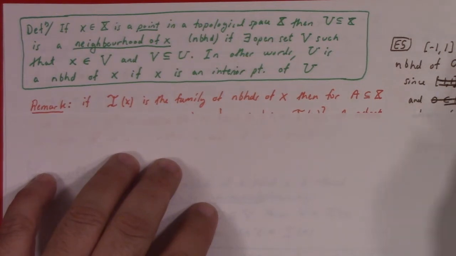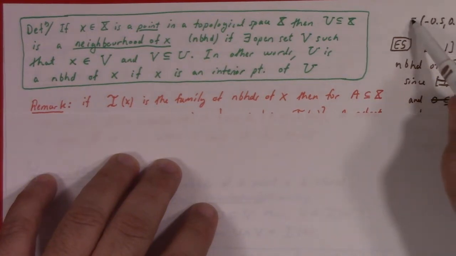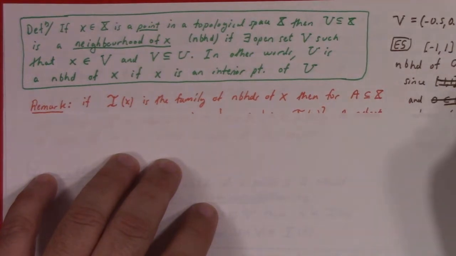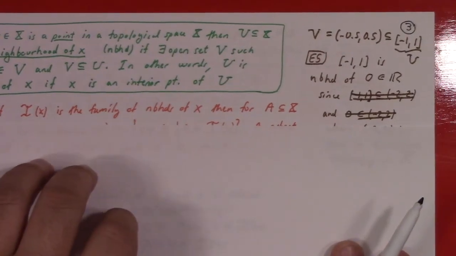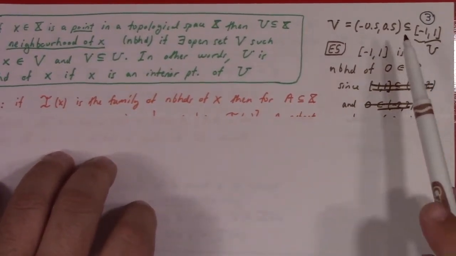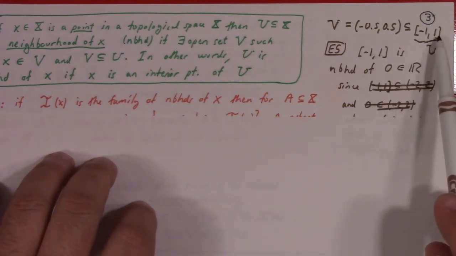So what I should say is, minus 0.5 to 0.5 is a subset of minus 1 to 1. I'm thinking of this as being the quote-unquote V, the open set, and here's the U in this definition at play here. So we have that open set is contained in there, right?